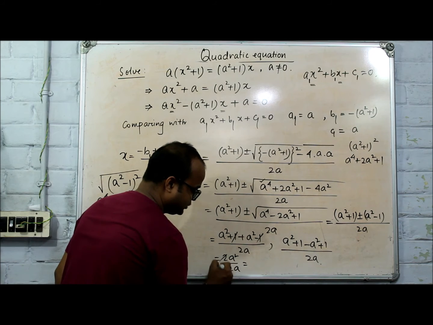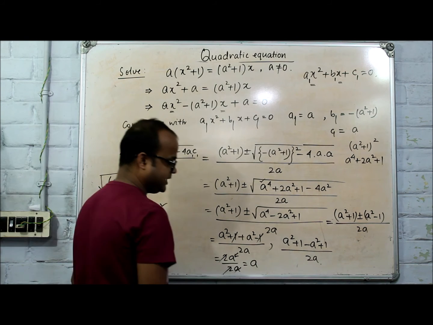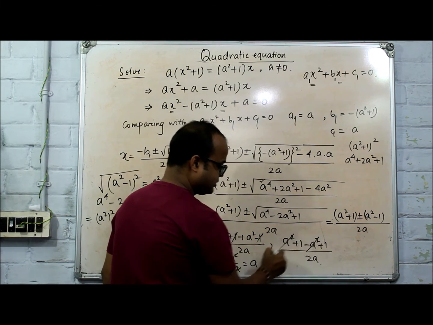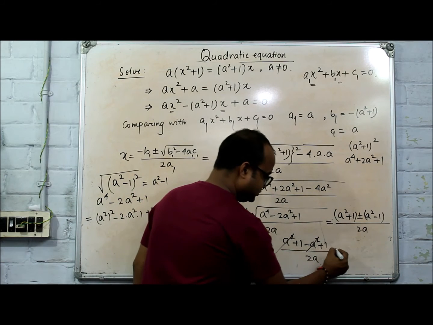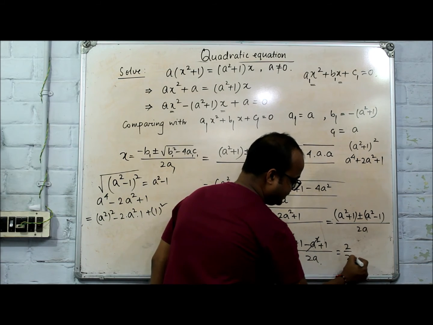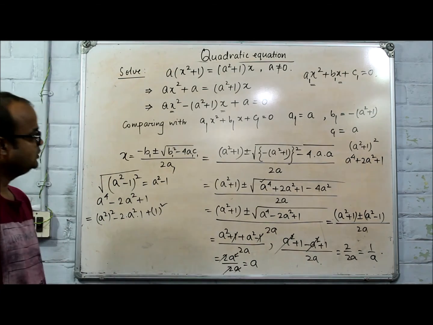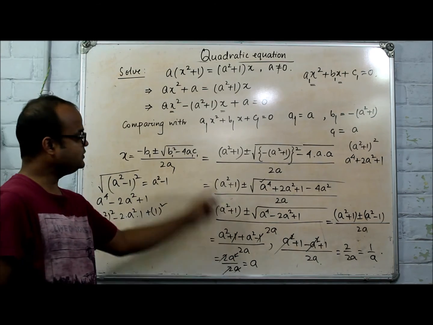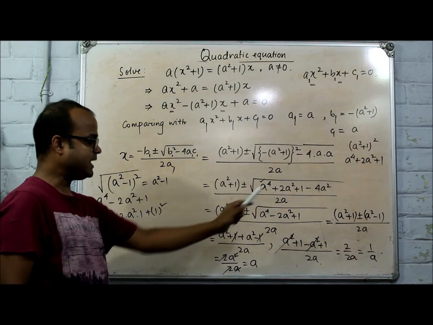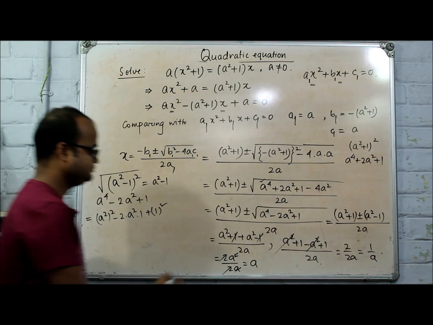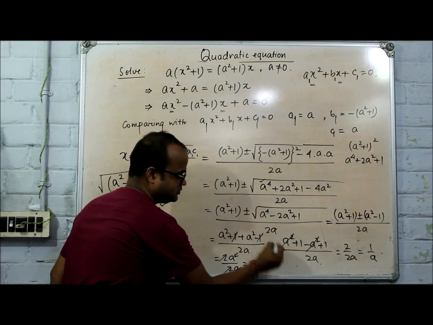This is equal to, 2 cancel, a cancel, so you get a. And here minus a square will get cancelled, so 2 by 2a is equal to 1 by a. So the solution of this equation is a and 1 by a. Here we write or, because we are getting two values.